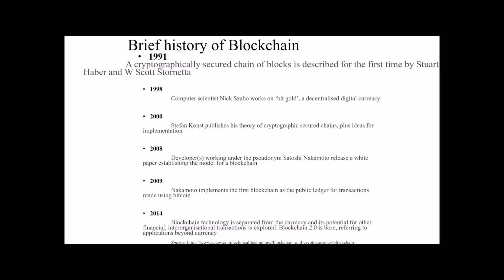So we say that from 2014 blockchain 2.0 is born, which allows us to have applications beyond cryptocurrencies, just because we are able to run programs on top of blockchain now. So he proposed this technology called Ethereum. So this is brief about the history. There have been several other attempts, but these are notable events that we have described here.